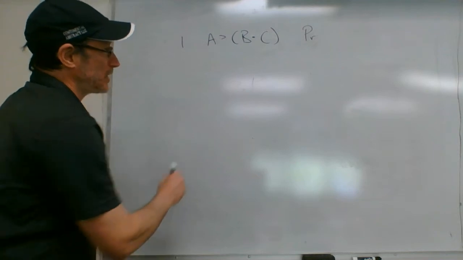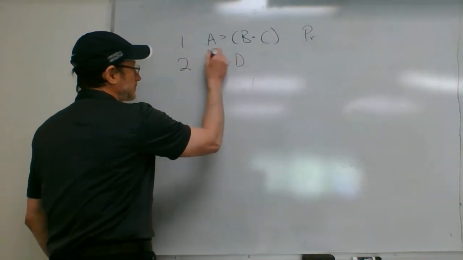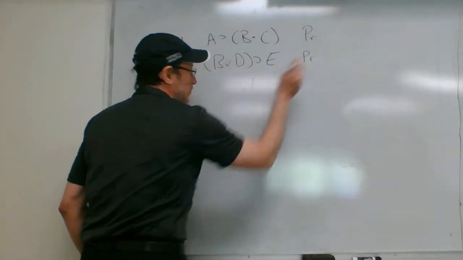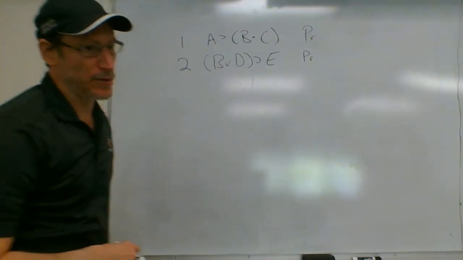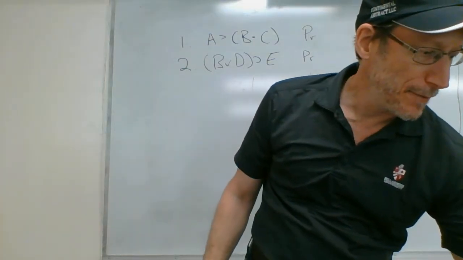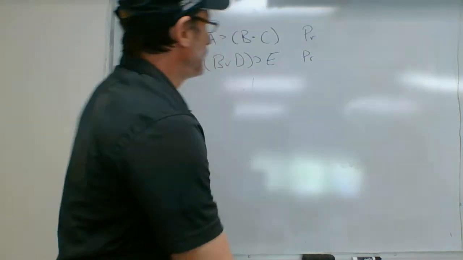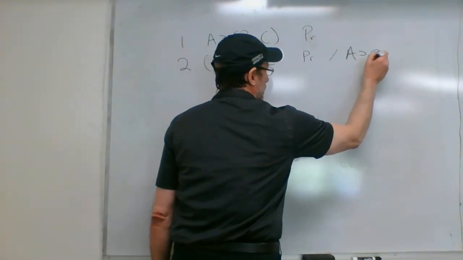I have B wedge D horseshoe E. That's also a premise. And I am trying to prove A horseshoe E. This is the first example that's given in the book in section 7.5. What I'm trying to prove is A horseshoe E.